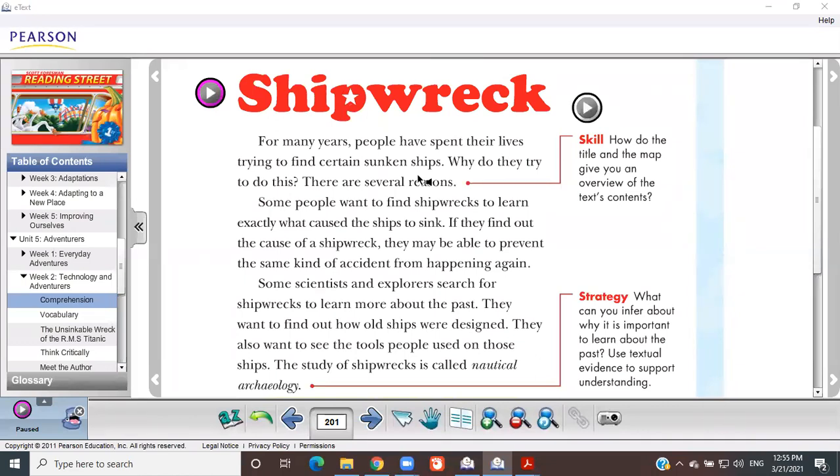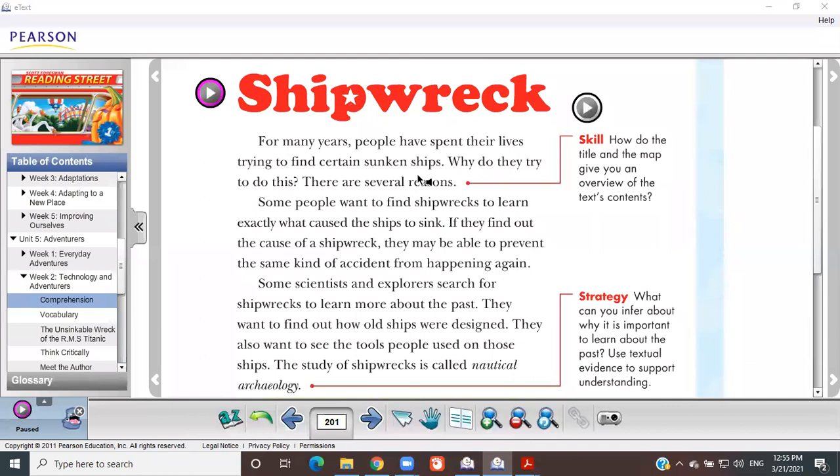Let me give you a hint. They want to be rich. So what are they going to do? They'll go under the water and dig under the water. Yes, they will search the sunken ships for what?